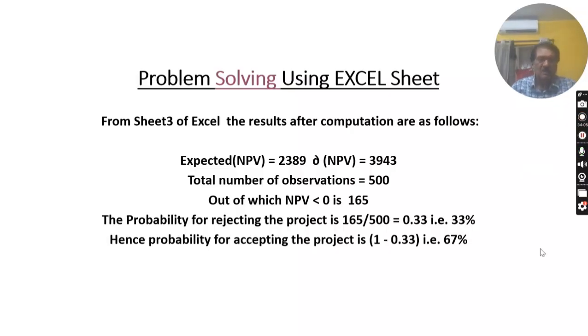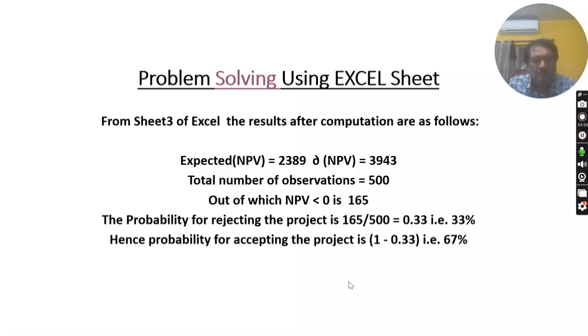In that case, as the values are changing with the formula, that is why I have taken a specific case for discussion. If the rejection probability is this, then what is the acceptance probability? We know the probability is 1 minus 0.33. That's why with 67% probability we can accept the project.